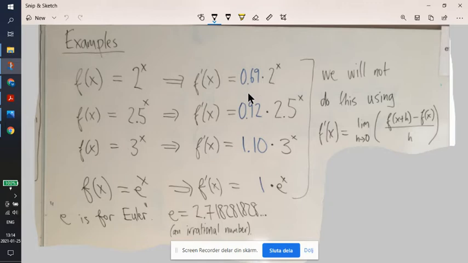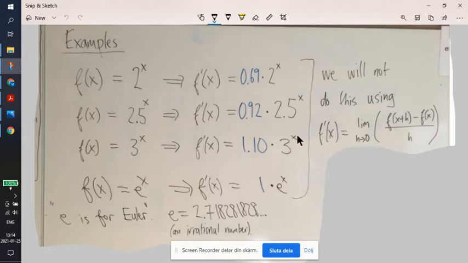make more sense. Okay, if we have 2.5 to the x, then we get 0.92 multiplied by just this exponential term that we started with here. If it's 3 to the x, then we get 1.10 times 3 to the x.